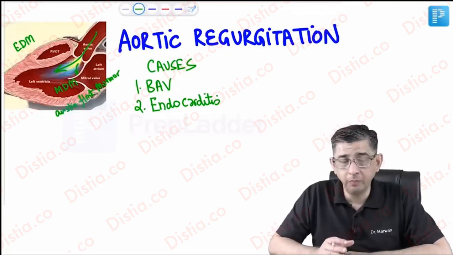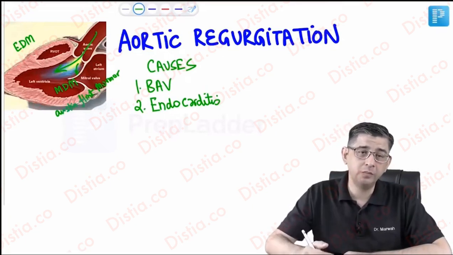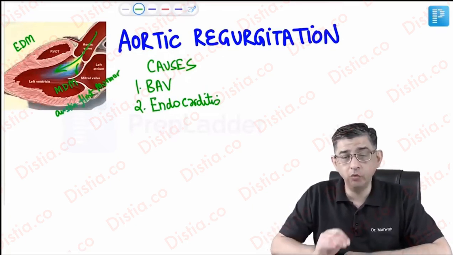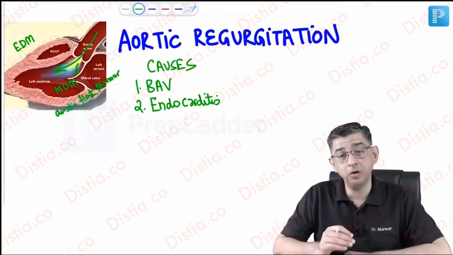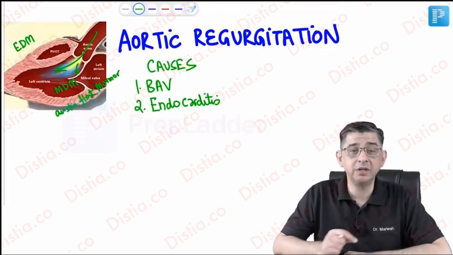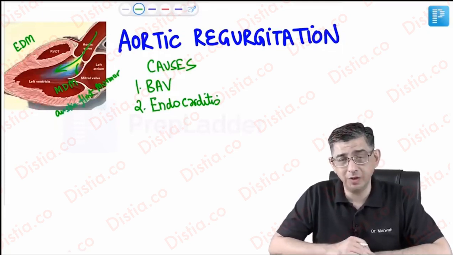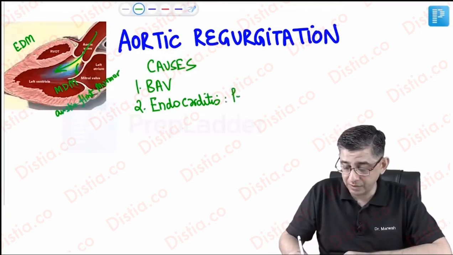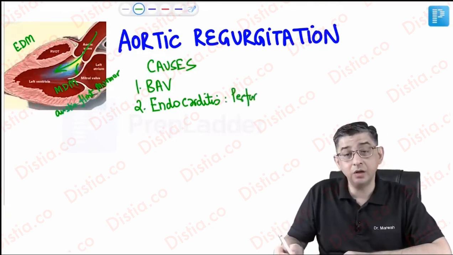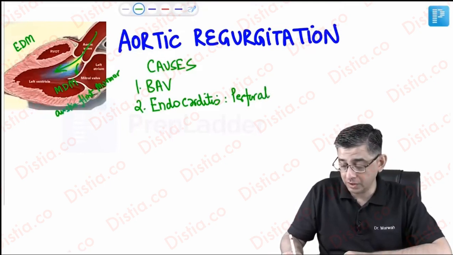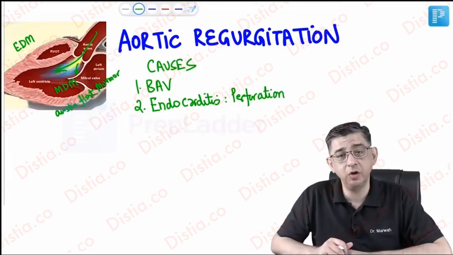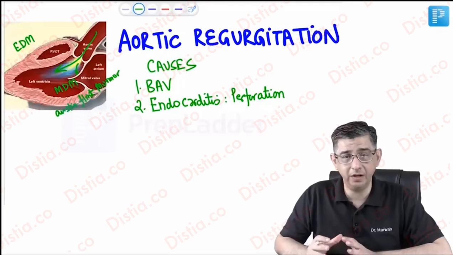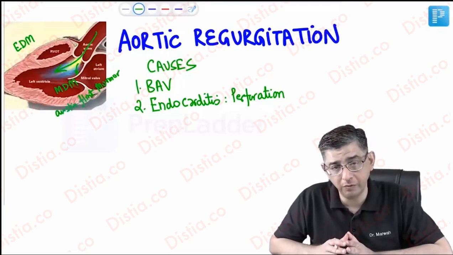The large volume of blood that's going to leak from the aorta to the left ventricle will overwhelm the left ventricle, contributing to acute decompensated congestive heart failure. The pulmonary edema is going to be severe, and if urgent surgery is not done in acute aortic regurgitation, most patients do not survive beyond 24 hours in spite of the medication and the best medical support that we can provide to them.